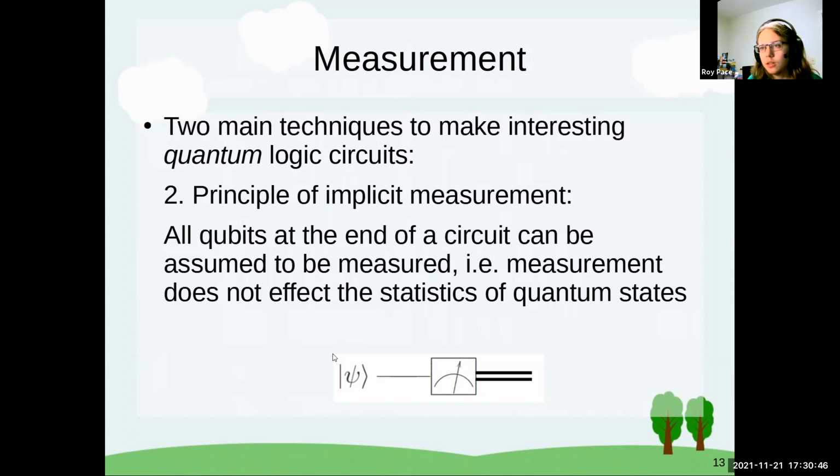And I probably should have put this on an earlier slide, but what's at the bottom of the page here is just some common notation. So you have your state vector, it's a qubit, so it's a solid line. You apply the measurement, and then since you measured it, it's no longer quantum.